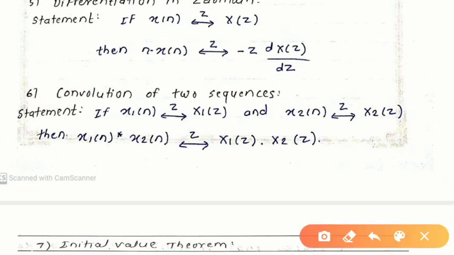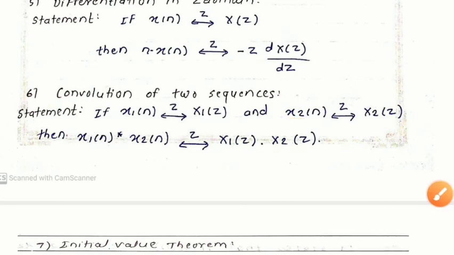If x1 of z is the Z transform of x1 of n, and x2 of z is the Z transform of x2 of n, then the convolution of x1 of n and x2 of n has a Z transform of x1 of z into x2 of z.